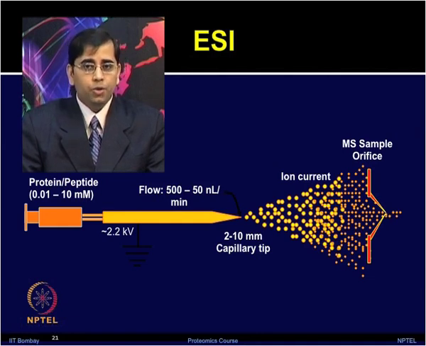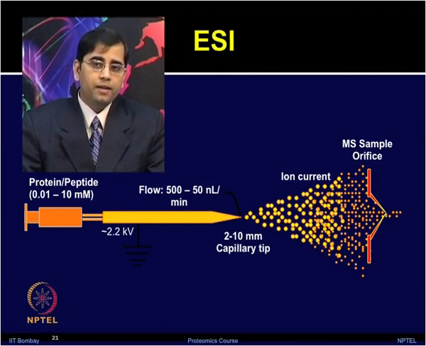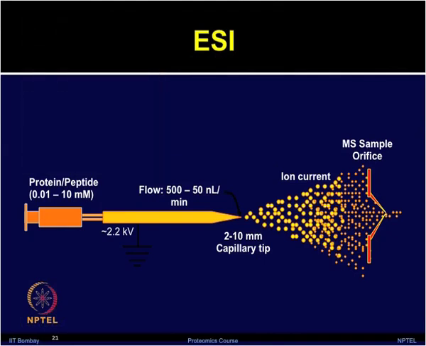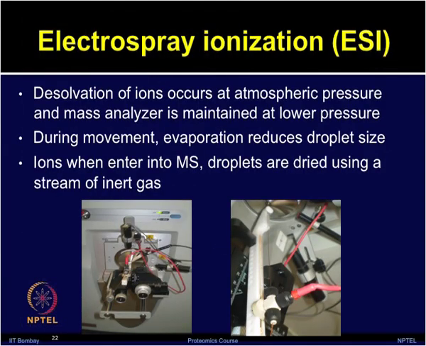Protons from the acidic solution give the droplets a positive charge, so that they can move from the needle to the negatively charged instrument. In ESI, the desolvation of ions occurs at atmospheric pressure and the mass analyzer is maintained at a lower pressure, so that ions can be drawn into the MS based on the pressure differential.